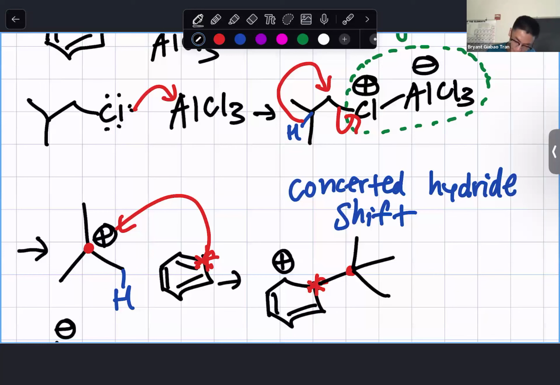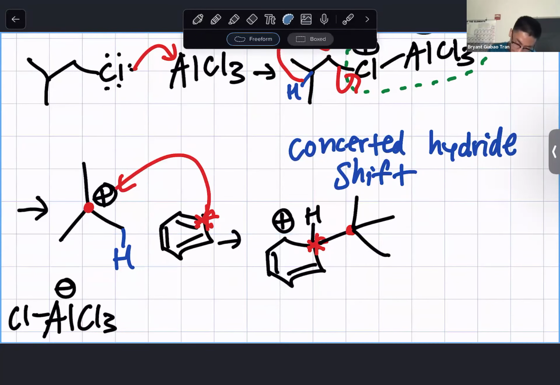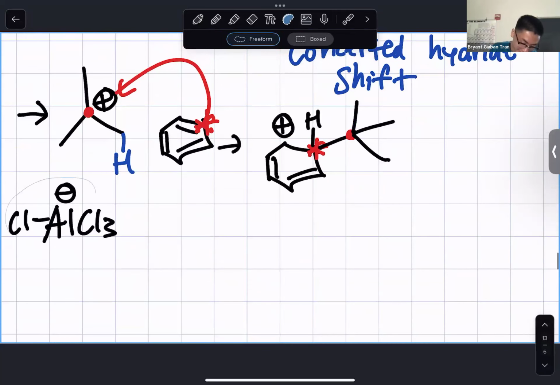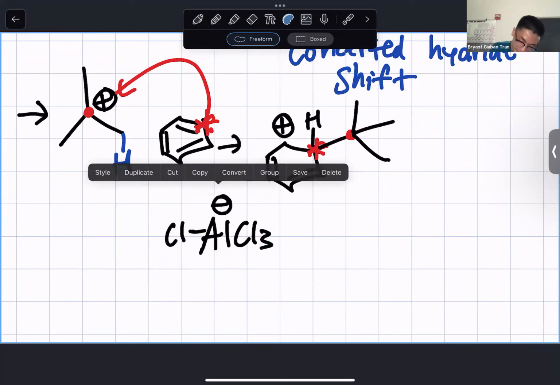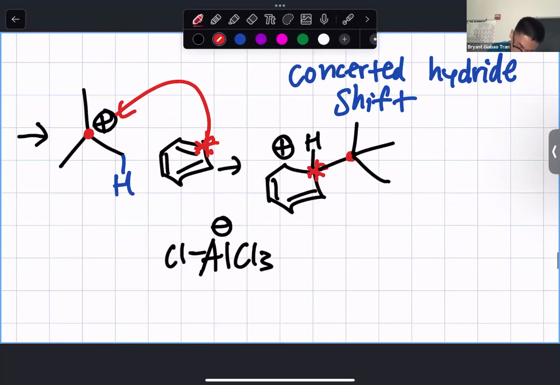Now the final step, reform the aromaticity using this side product here.